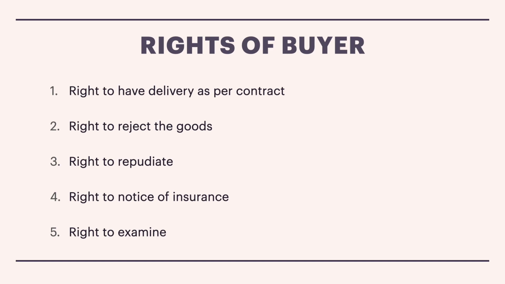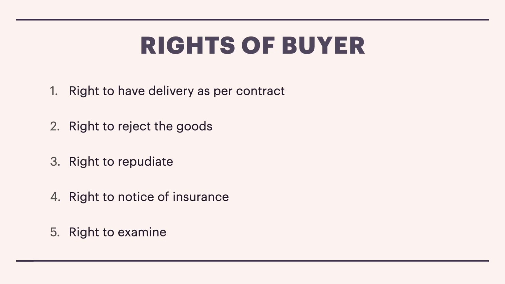The buyer has not actually examined the exact goods he is going to receive. So right when they reach his godown, the buyer has every right to examine the goods the seller has sent him, whether or not they are according to the agreement: the price, the quantity, the color, the size, the quality, the working function. All of these can be examined by the buyer right when the goods reach him.